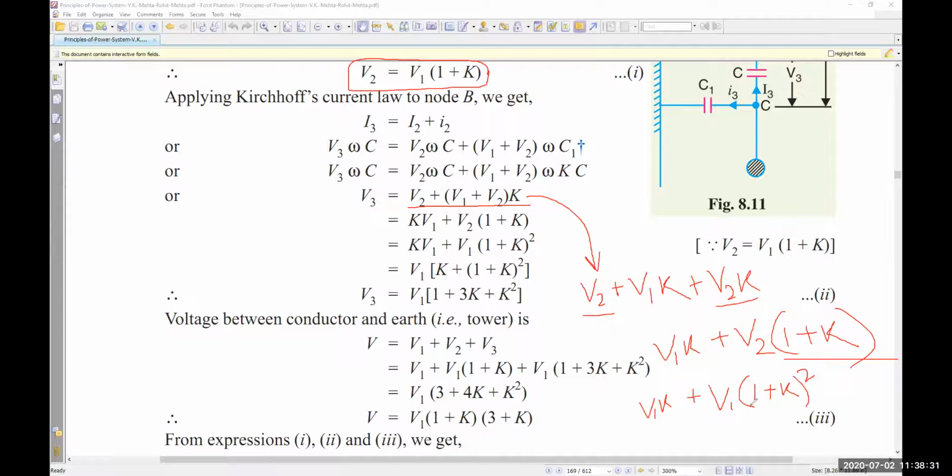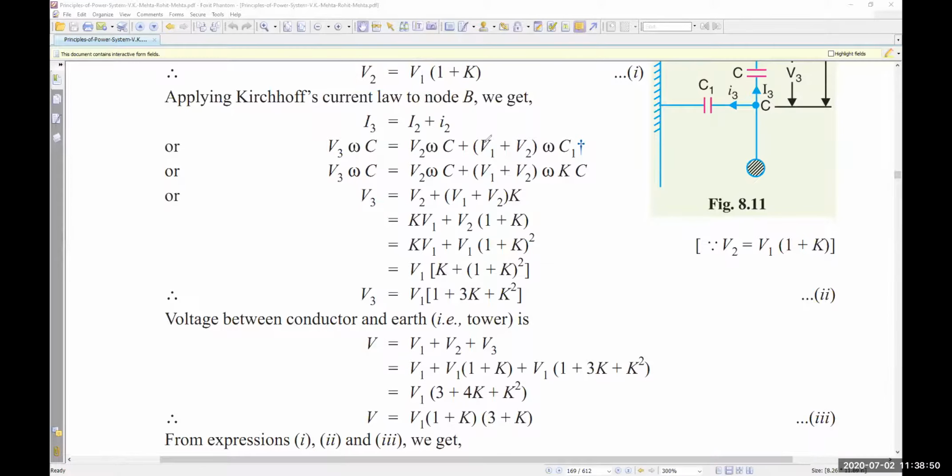So can we take this V1 common? Yes. If you take V1 common, you have K plus (1 plus K) whole square, right? Yes. So that is what you got here.